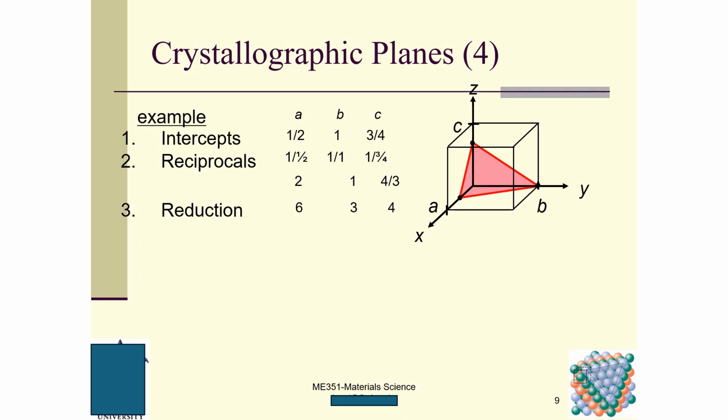How can we deal with that? We do the reduction. We multiply these three numbers by 3, and then this fractional number becomes an integer. So this is 3, and this is 6. And the result, this plane's Miller indices equal (634).